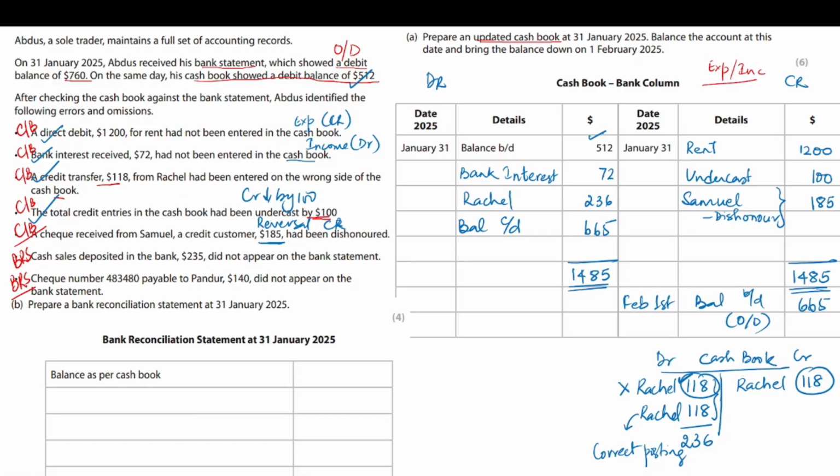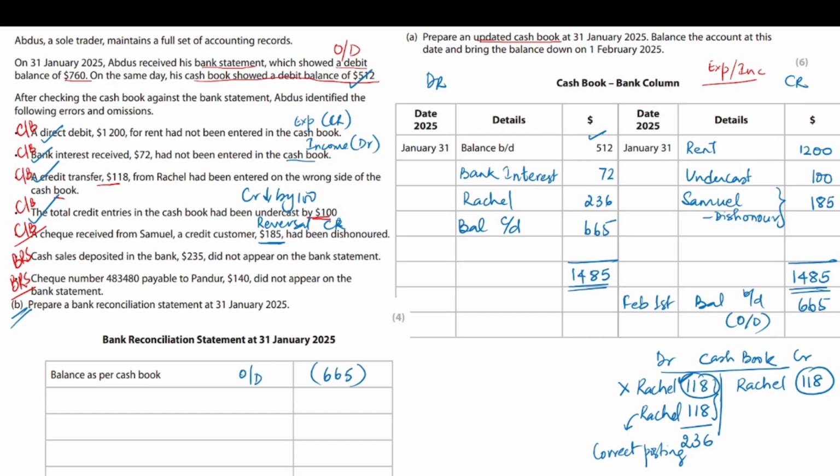Now after updating the cash book, we move to the bank reconciliation statement, which is part B. We will pass the entry. We will start with the balance as per cash book, the updated one, not the old one. So balance as per cash book is overdraft, which is 665.